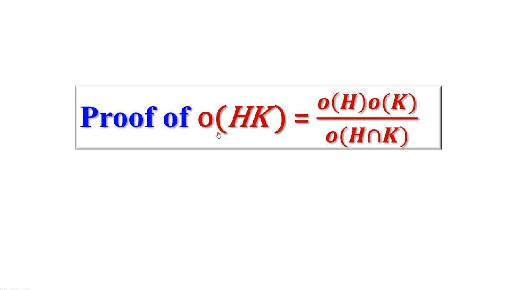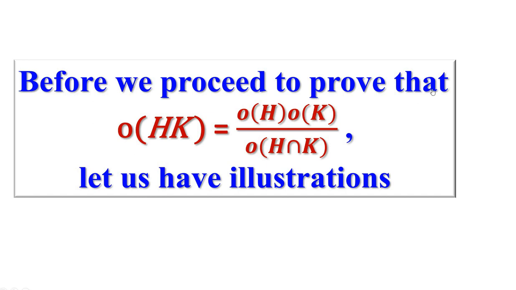This is the principle involved in counting the number of elements in this product Hk. That is what is given as the title of this section, a counting principle. Now before we proceed to prove this, let us have illustrations. Once you understand the illustrations, then the theory behind proving this theorem will be very clear.